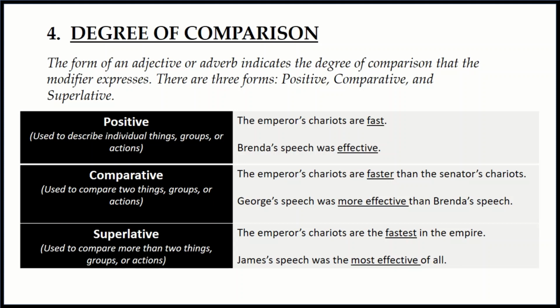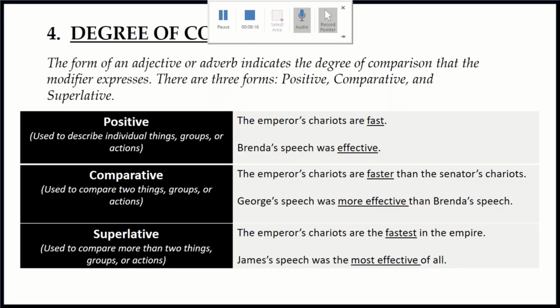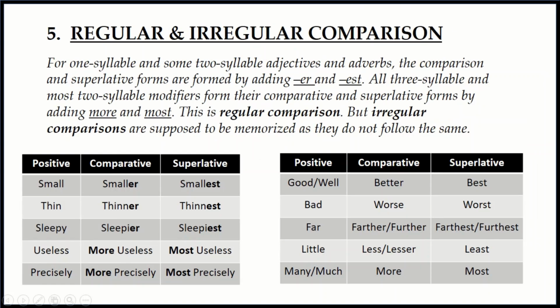So this is the degree of comparison. But another thing is, when to say more effective or when to say faster, when to say fastest, when to say most effective, when to use such words. So let's learn about that in the last slide, number five, regular and irregular comparison. Regular comparisons are those that end with er or est.